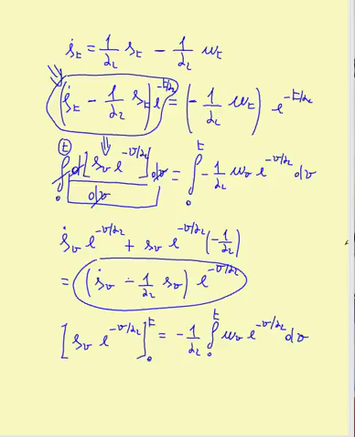So we have st e to the power of minus t over alpha 2, which is the value of the function if v is equal to t, okay, minus s0 e to the power of 0 if v is equal to 0.